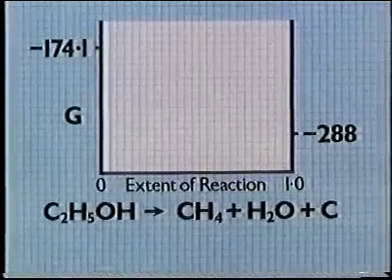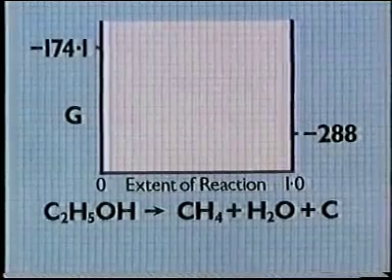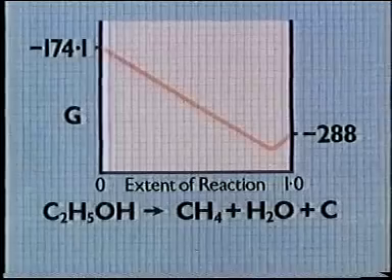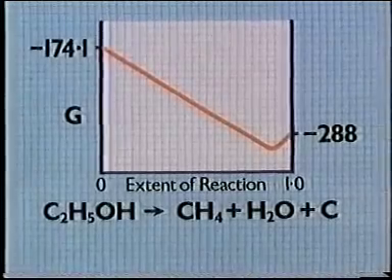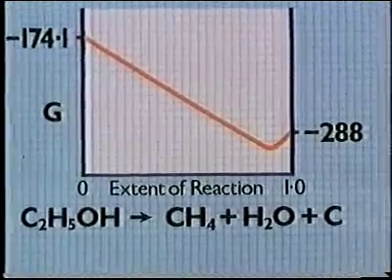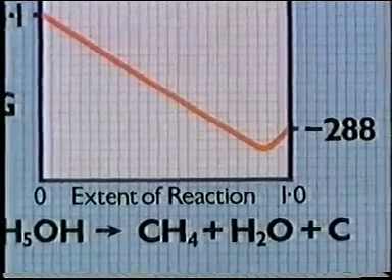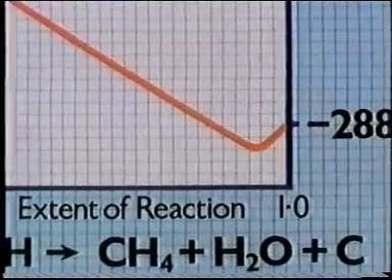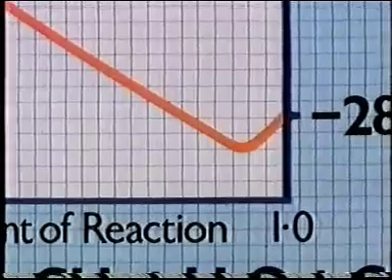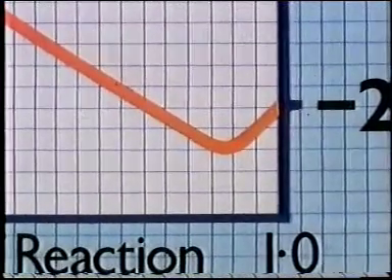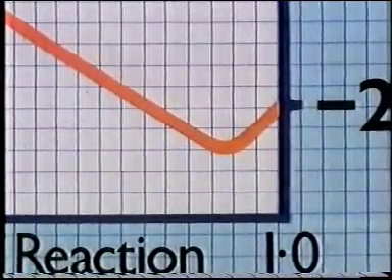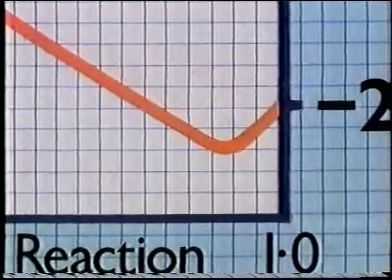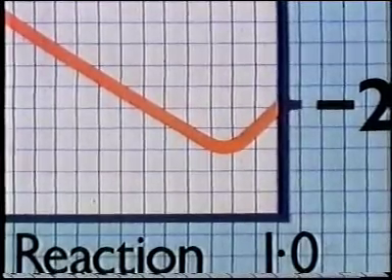A plot of G of the system versus the extent of reaction will therefore look like this. The minimum value of G here will be very close to the product side, the right-hand side of the equation. So this reaction should be a spontaneous reaction. Ethanol should spontaneously decompose into methane, water, and graphite.